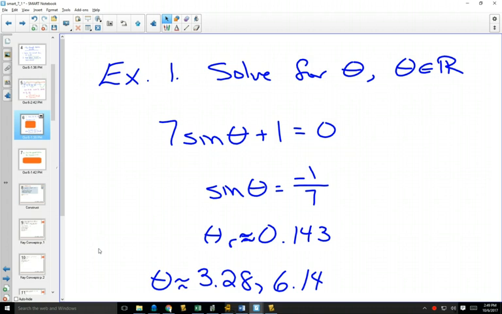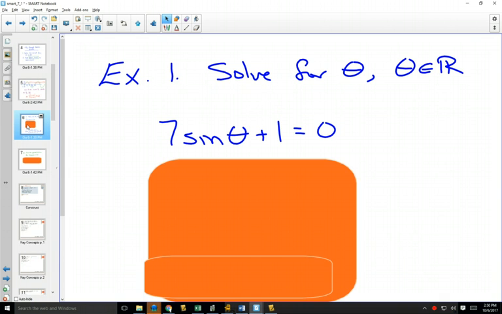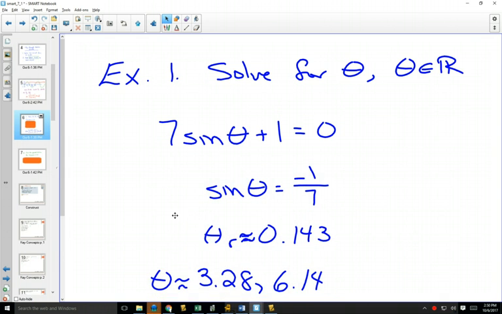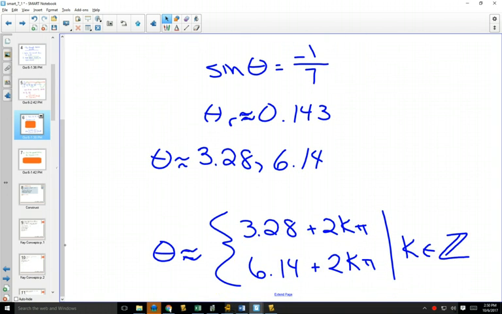Now, as far as our steps for the general solution, we did step 1. We solved it like normal from 0 to 2 pi. Step 2 is just a formality. Step 2 says, now that you've solved it between 0 and 2 pi, take both of those answers and add 2k pi to them, where k is an element of the integers.